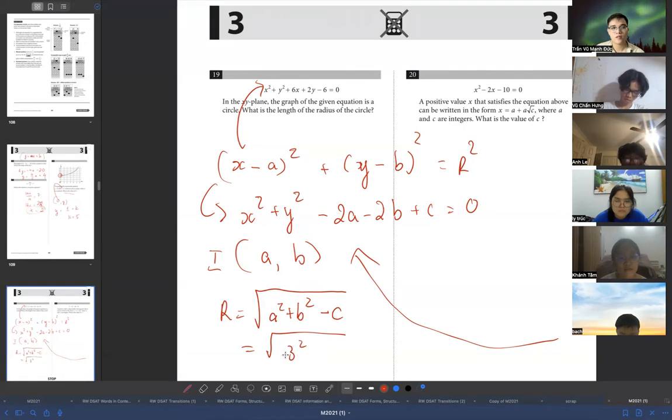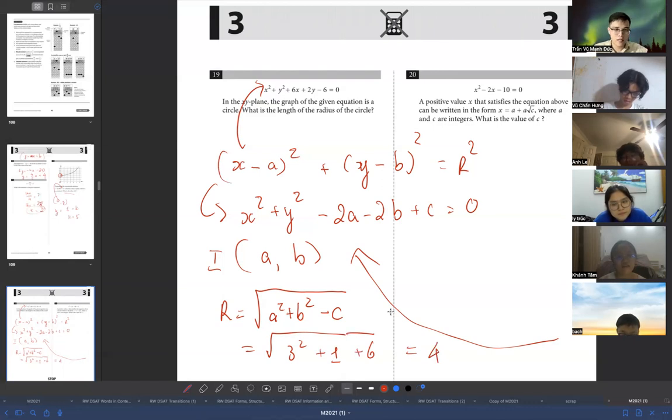It's actually minus 3, but the square just gets rid of all the signs, so it's 3. Plus 1, plus 6. Very good. So we have the radius is the square root of 16, which is 4.